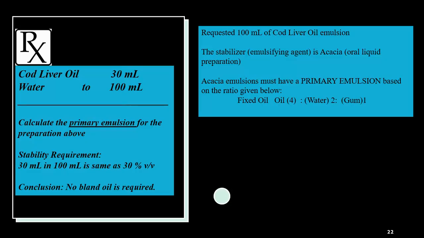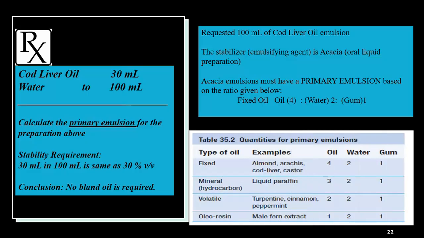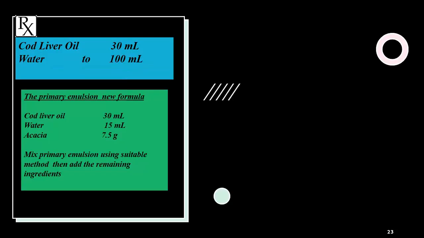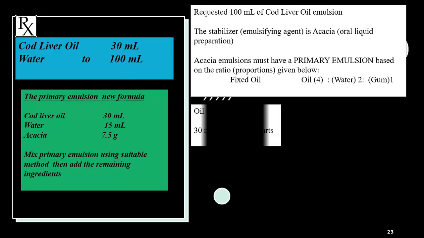Now, this cod liver oil is a fixed oil, so the ratio for the primary emulsion is 4:2:1, which means oil, water, gum. Remember now that the oil is 30 milliliter, and so that will be designated 4 parts. This is a table just to remind you. Let's do some calculation.